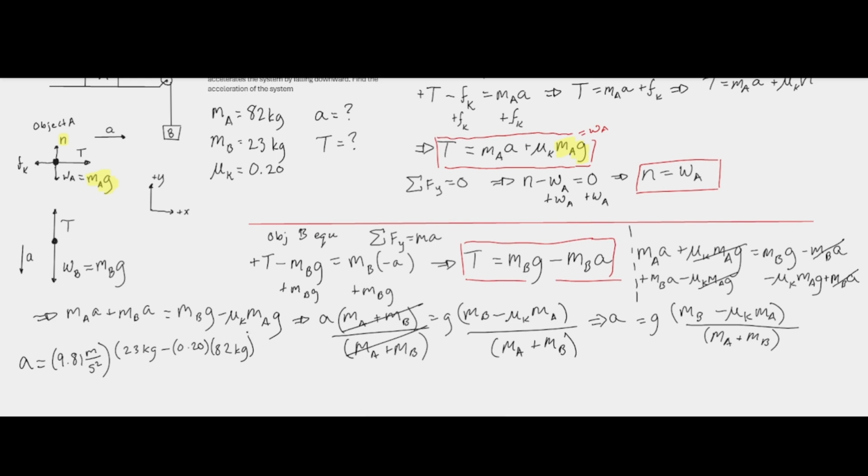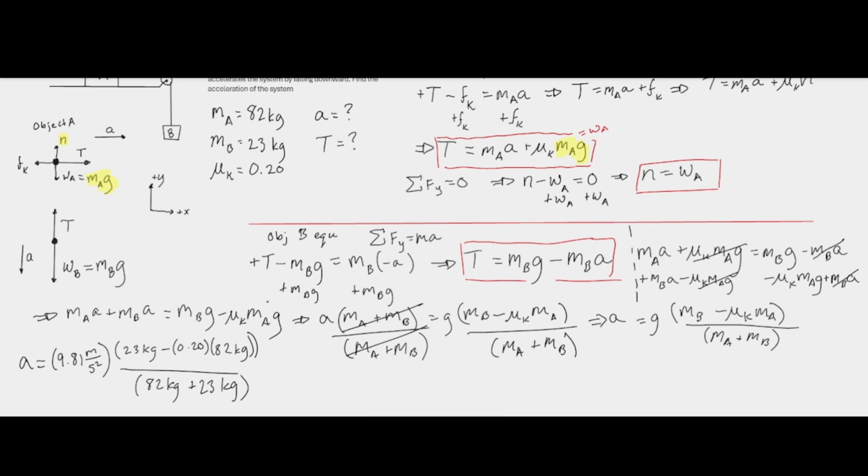So both of those are in the parentheses. And then we have the mass of A, which is 82 kilograms, plus the mass of B, which is 23 kilograms. So we have all these numbers here, and I'm just going to put all of these in my calculator. For a number like this, with all these parentheses, you have to be careful and be sure that you're including all the parentheses so you don't have any issues with the order of operations.